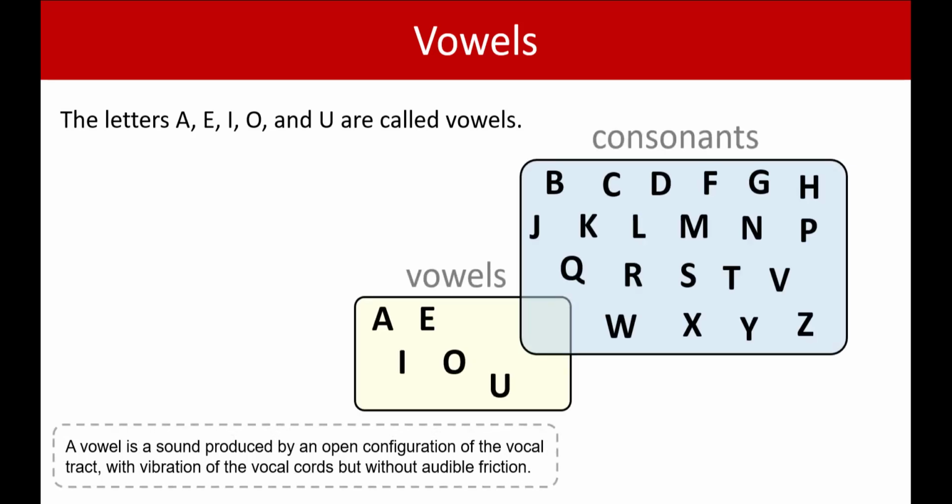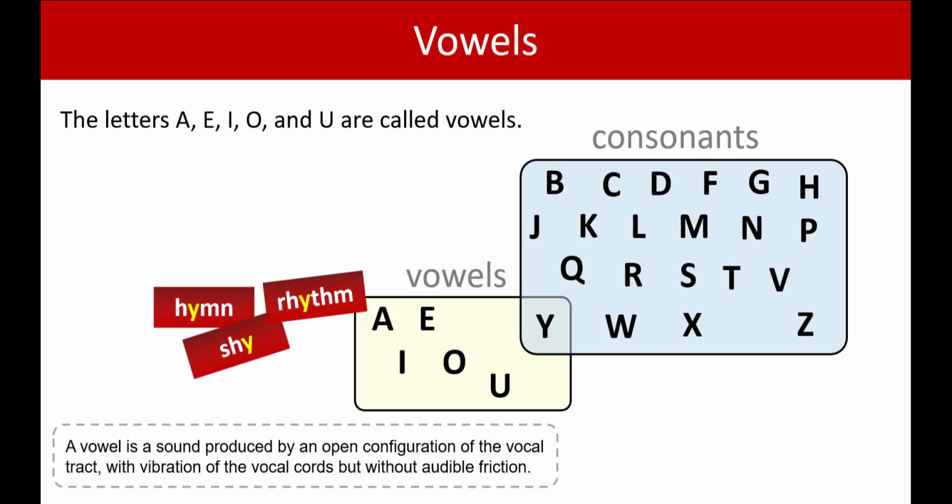In some words, the letter Y would fit that definition very well. The letter Y is known as a semi-vowel. So in words like hymn, shy and rhythm, the Y is very similar to an I, and in these words, an I can be considered a vowel. But look at these words.